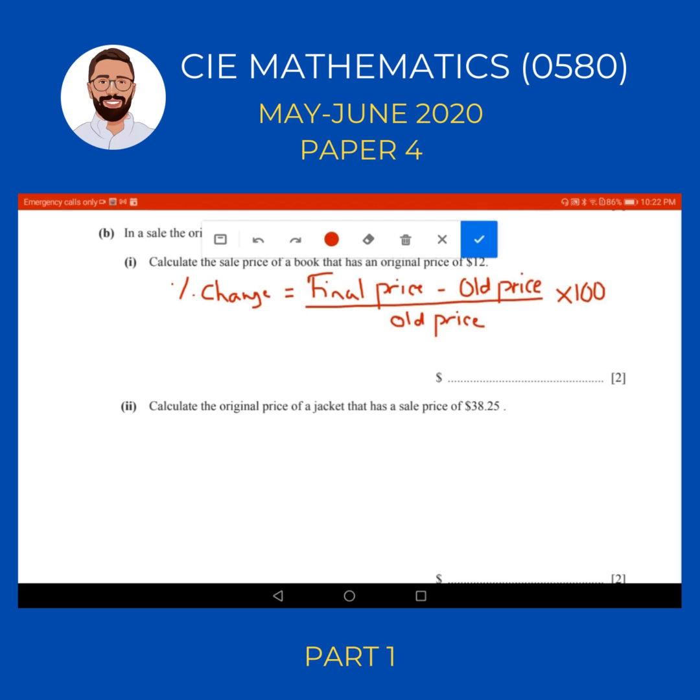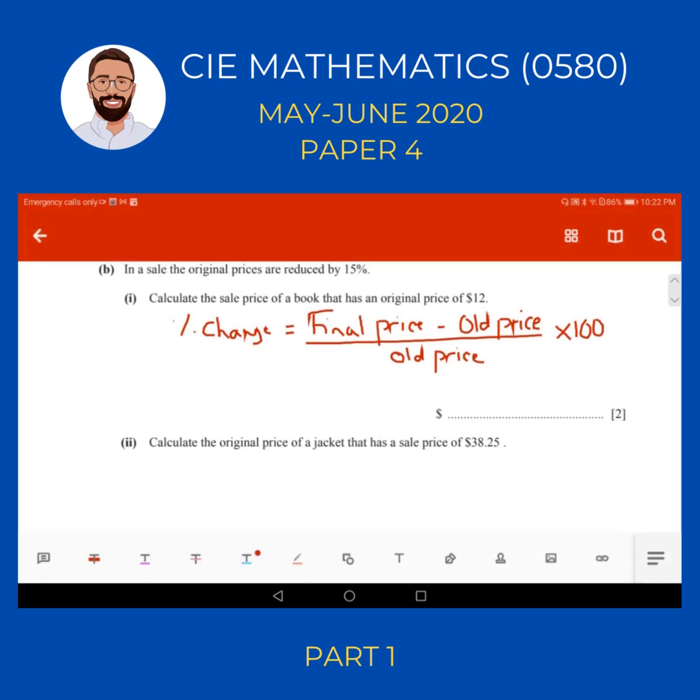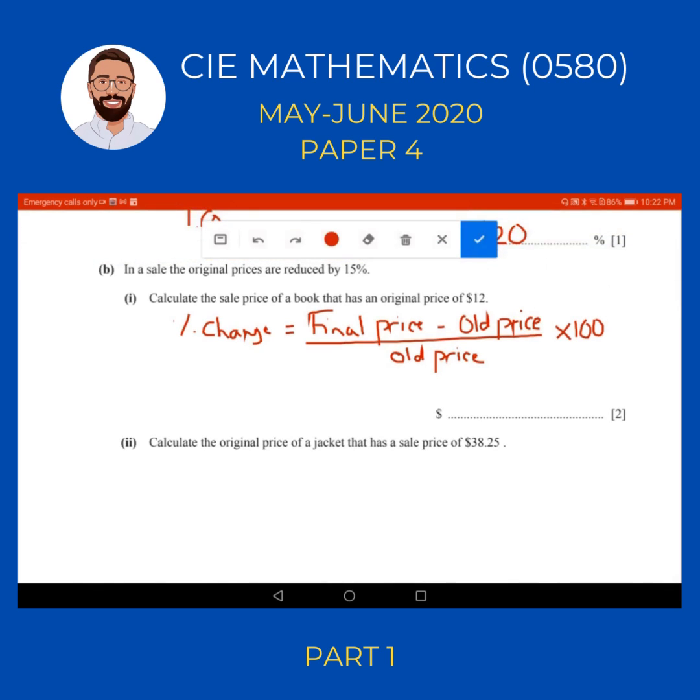Now the percentage change is negative 15. So the prices are reduced by 15%, and reduced means negative, so it's negative 15. I want to find the sale price if I'm given the original price. So the original price is the old price and the sale price is the final price.